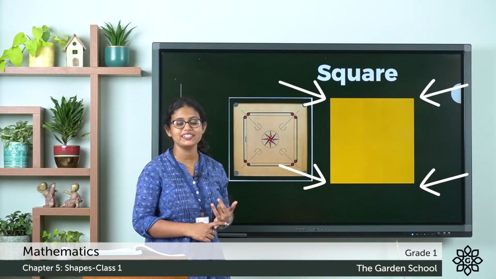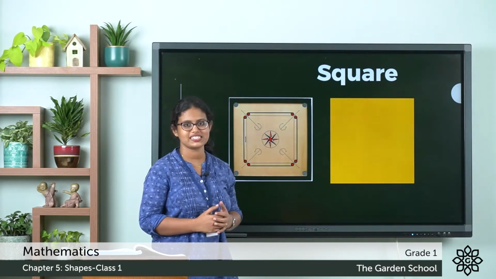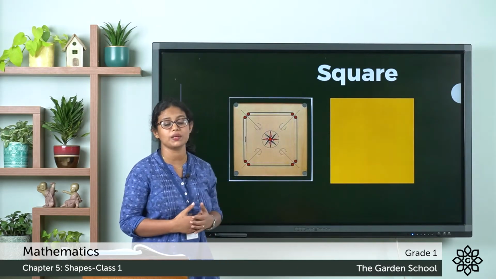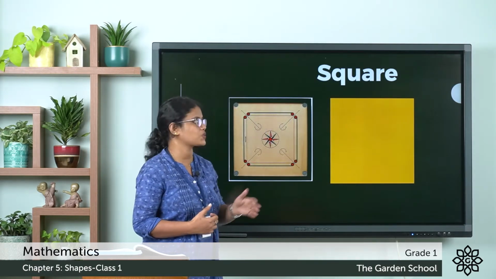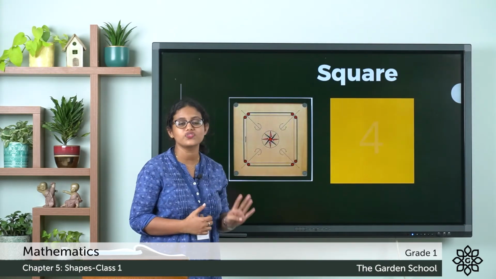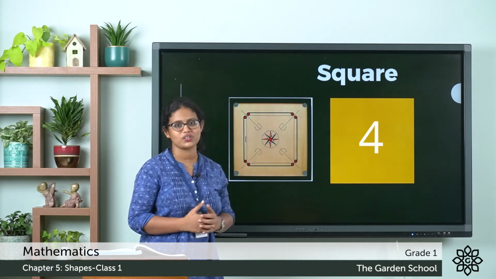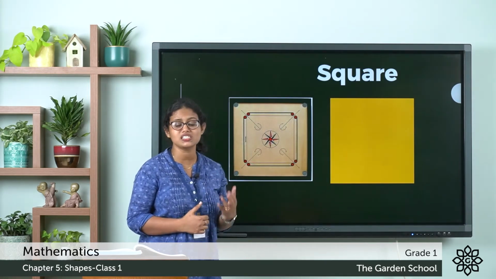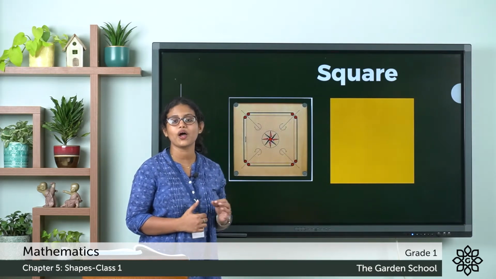So, which is the first shape that we learned? We learned about square. Square has how many sides? 4 sides. And how many corners? 4 corners. If you look around, you can see different things that are in square shape.